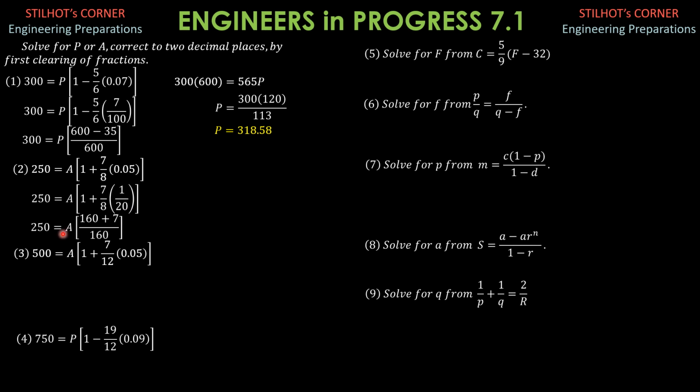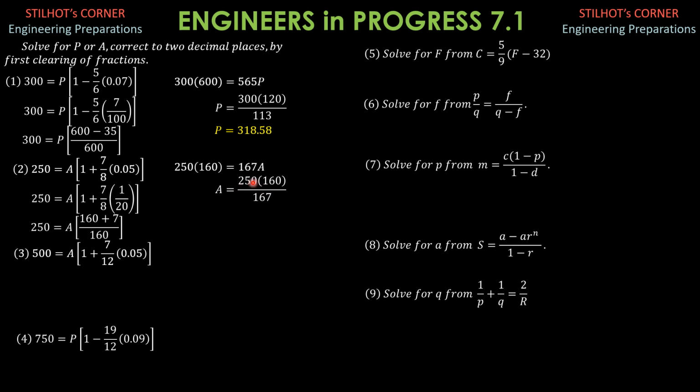So 250 times 160 equals 167A. Solving for A by dividing everything by 167 and using your calculator, 250 times 160 over 167. And of course, calculator is allowed.